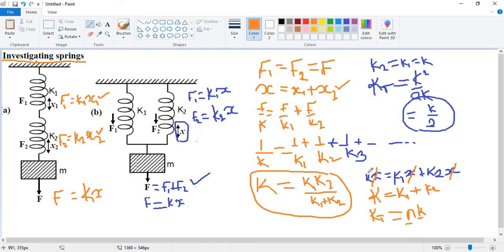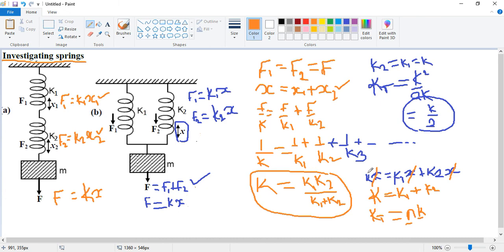So connecting springs in parallel increases the stiffness of the system, implying that when springs are in parallel, it requires a bigger force to give a smaller extension. If springs are in series, it requires a smaller force to give a bigger extension.